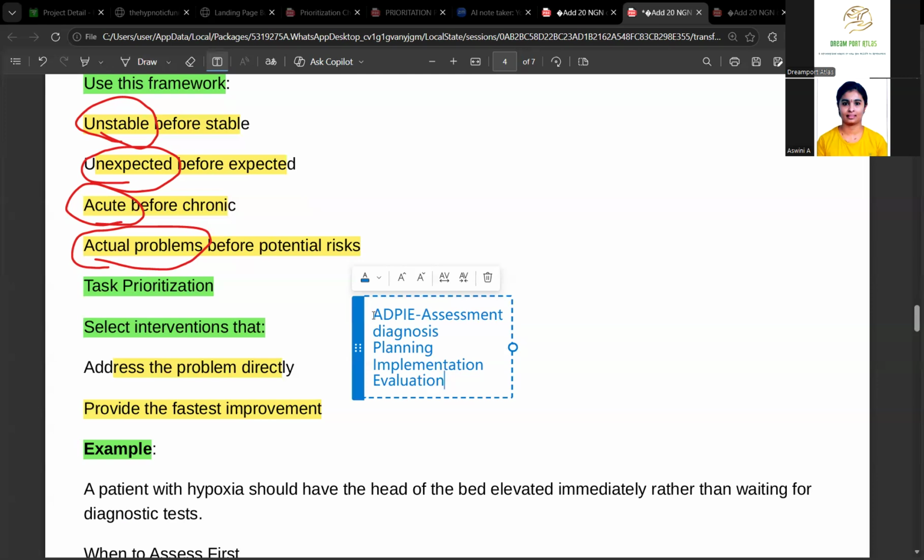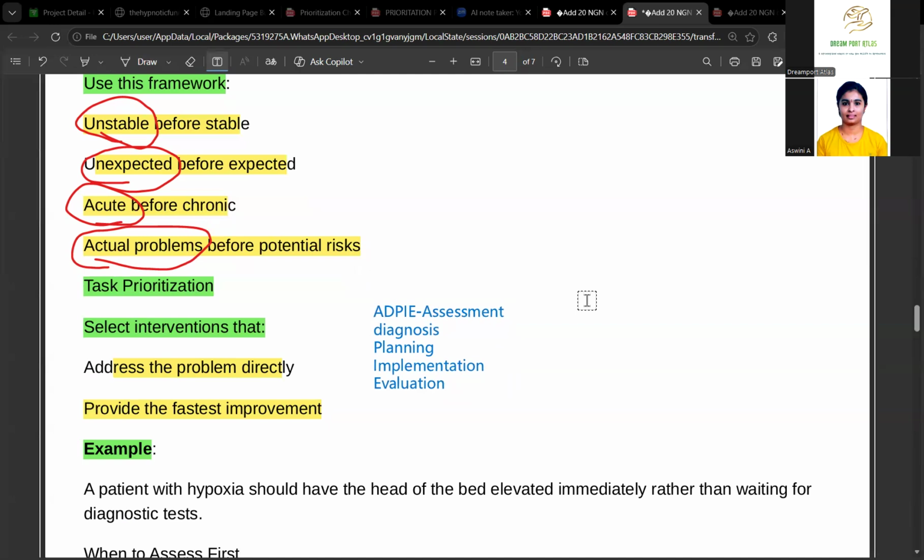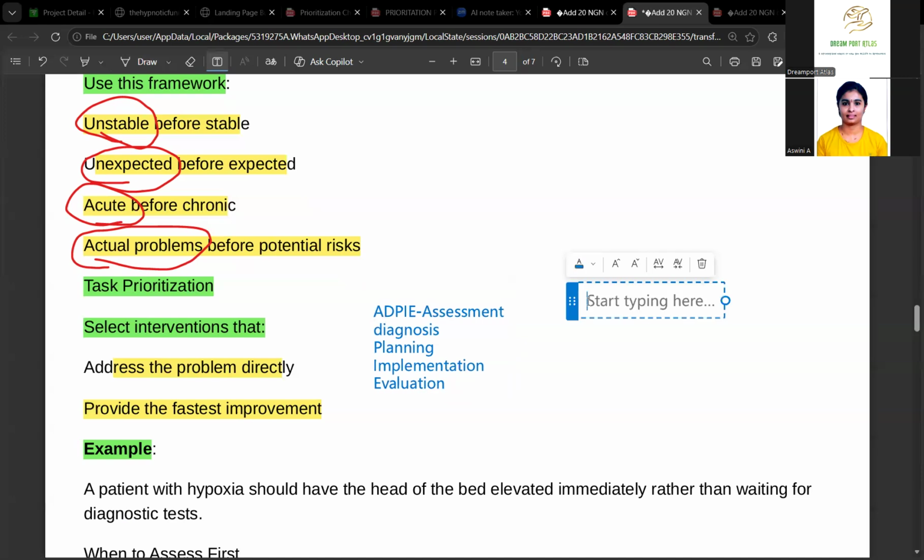But keep in mind, in routine care assessment will be your highest priority, but in case of emergency, which is your highest priority? Planning.